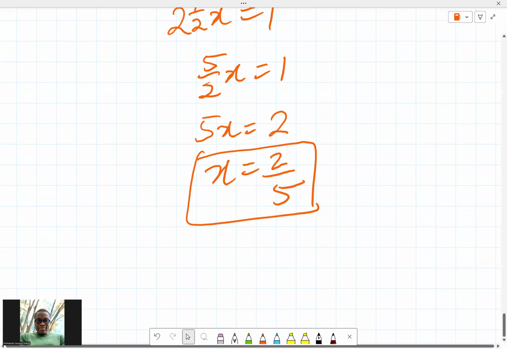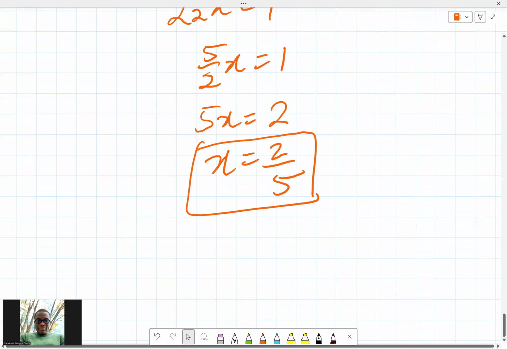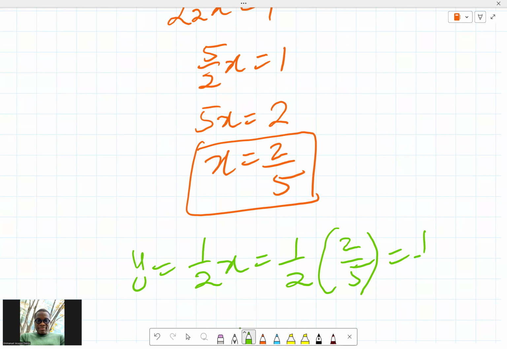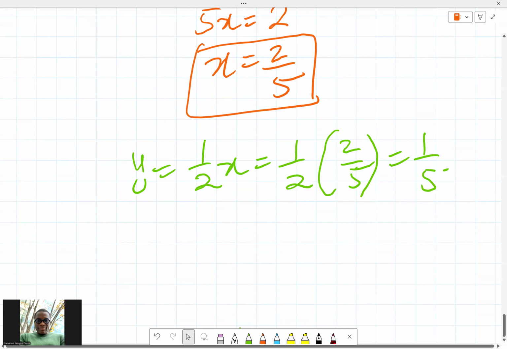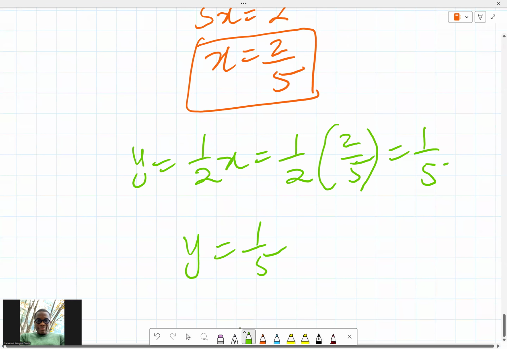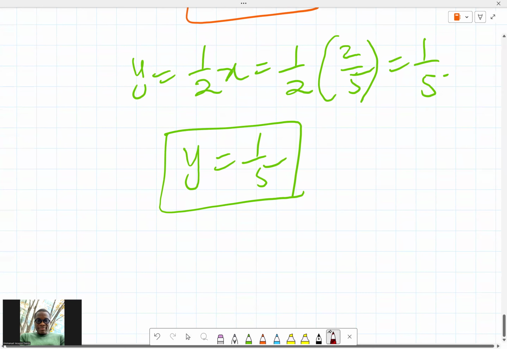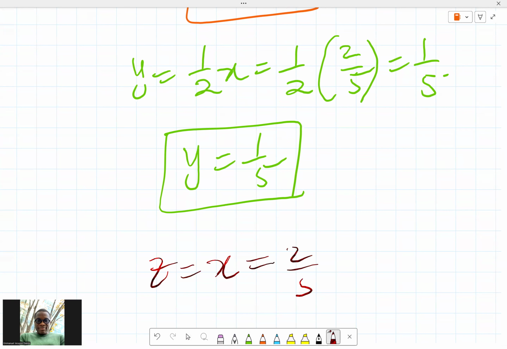So the next thing is we can then get every other thing. x is 2 over 5. We know that y is half x. So that means we have half into 2 over 5, and that is equal to 1 over 5. That's y. Then we know z is equal to x, so z is 2 over 5 again.